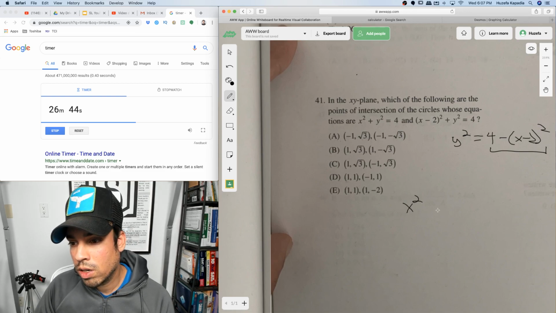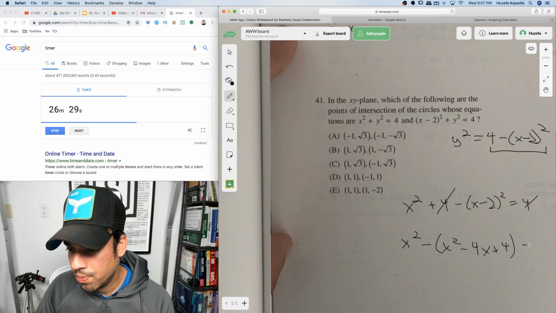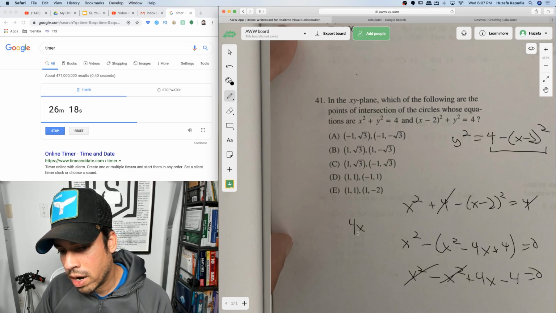So it's x squared plus 4 minus (x minus 2) squared equals 4. Let's cancel out. This foils to x squared minus 4x plus 4. So x squared minus x squared plus 4x minus 4, distributing that minus, equals 0. These cancel out. 4x, I'm going to add 4 to the other side, equals 4. X equals 1.